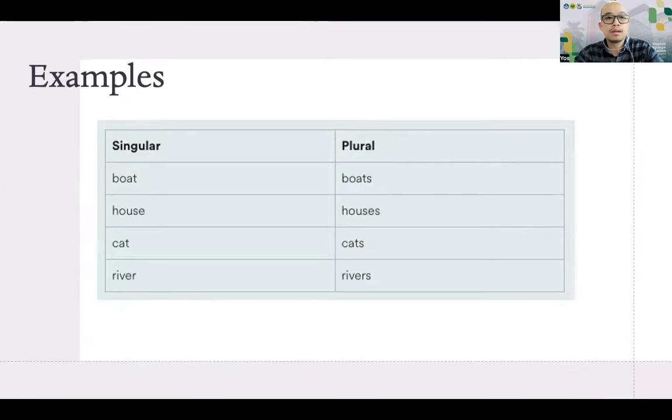For example, the word boat, in order to be plural, we just add the suffix s at the end of it, like boats. It applies also to the word house. House becomes houses, cat becomes cats, river becomes rivers.